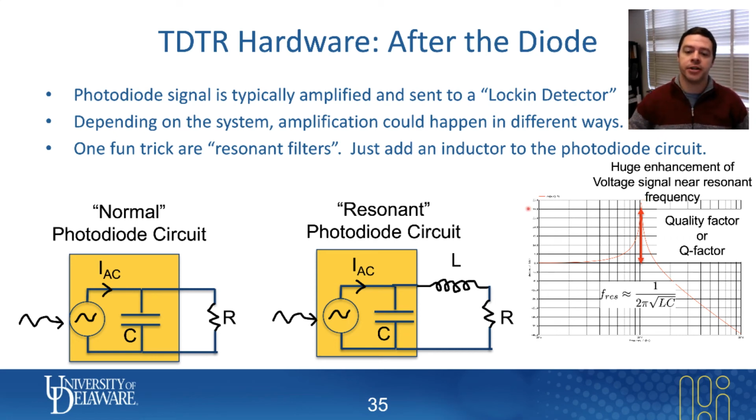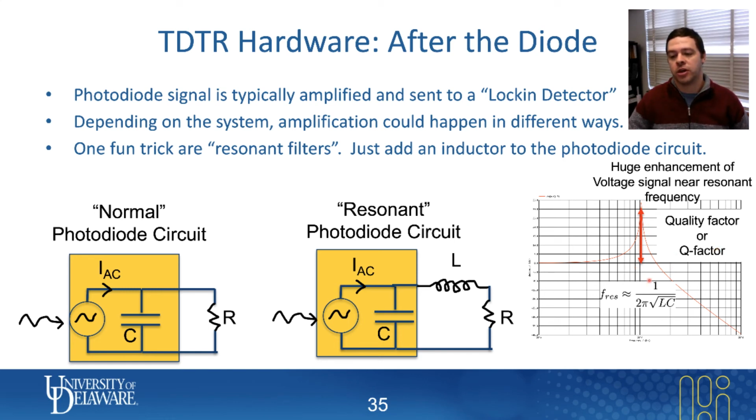So if I choose an inductance to add to this resonant circuit that makes the resonant frequency be about 10 megahertz, then I can get enhancements in the voltage that are on the order of tenfold, maybe even a little bit bigger than tenfold, around 10 megahertz. And that process is called the quality factor of the circuit.